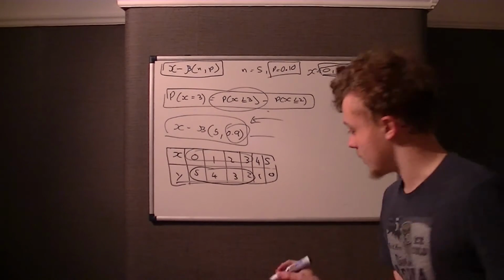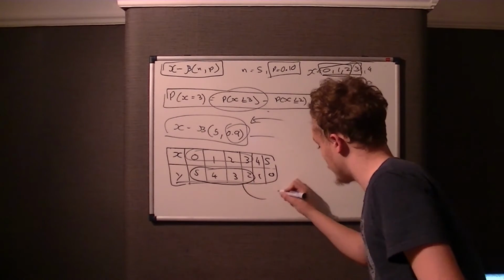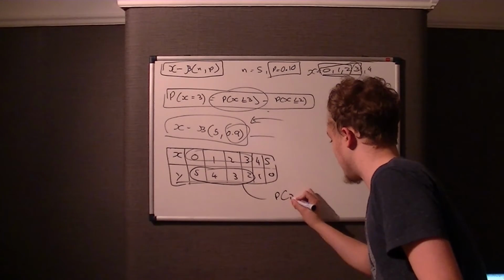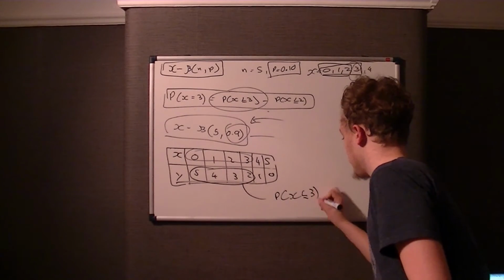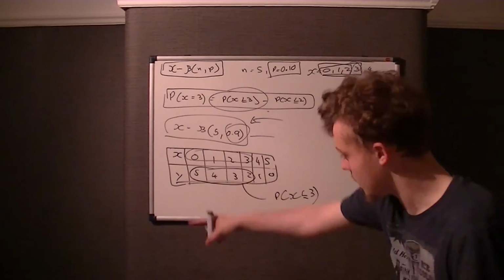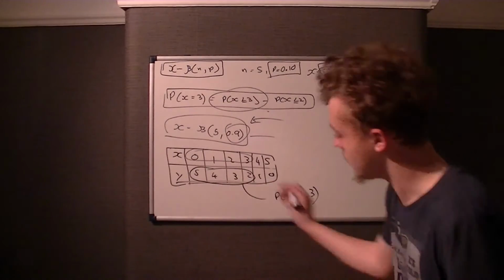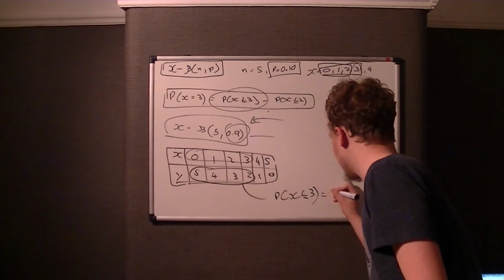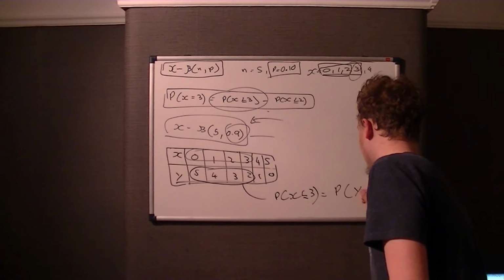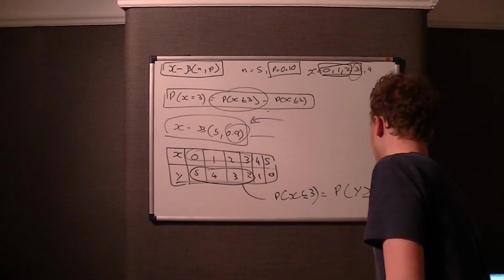What that says really is, we said that we want to find the probability that x is less than or equal to 3. But that's the same part of the table, if you look at it like that, as saying the probability that y is greater than or equal to 2.